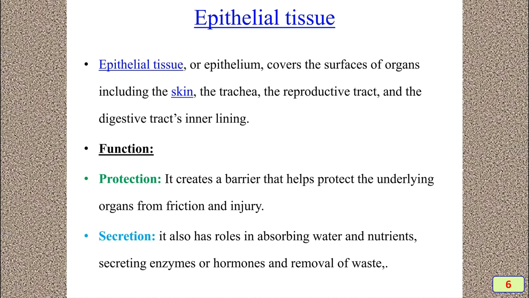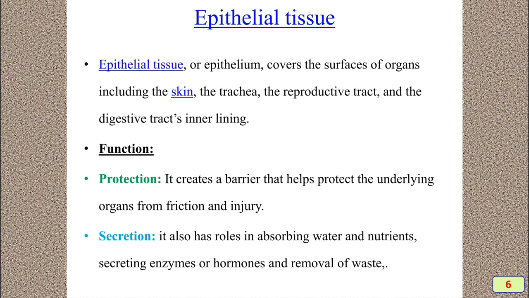The function of these tissues is protection. It creates a barrier that helps protect the underlying organs from friction and injury. The main function of epithelial tissues is protection, whereas another part of their work is secretion.